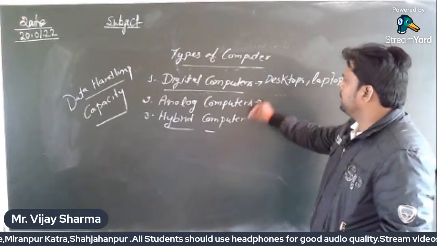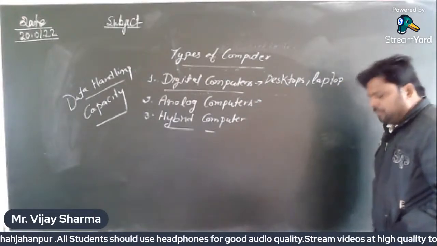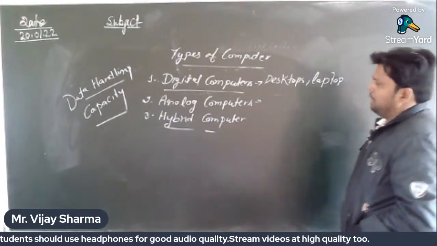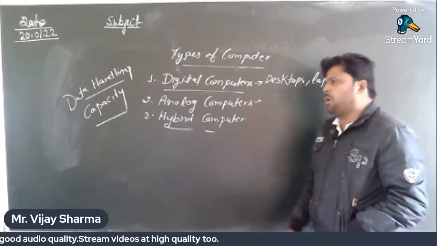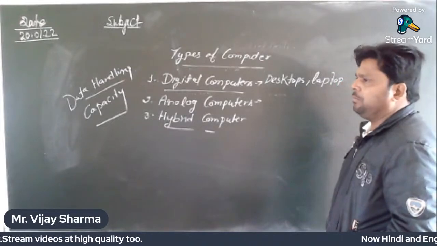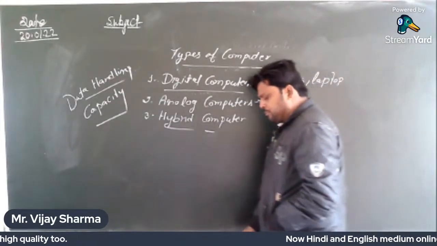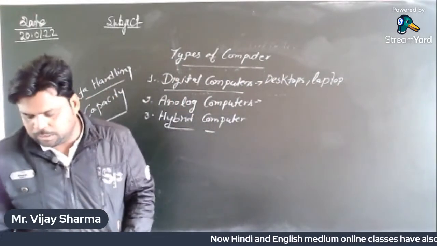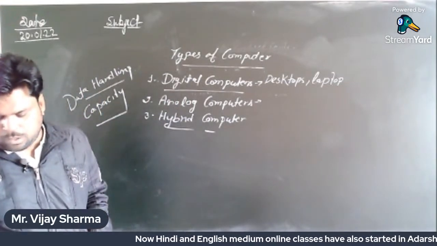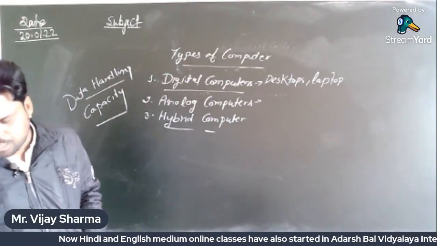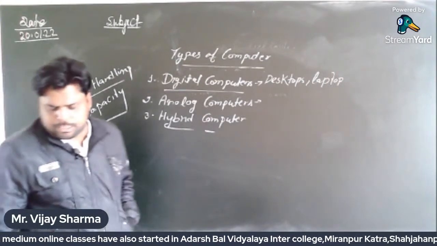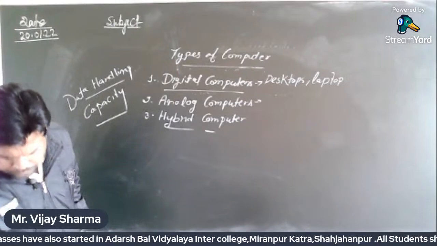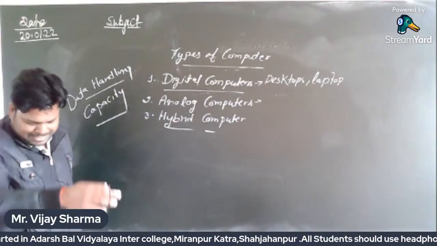Analog computers. In analog computers, we can see the result in the form of lines, on the basis of input. This is continuous data that changes continuously and cannot have discrete numbers.